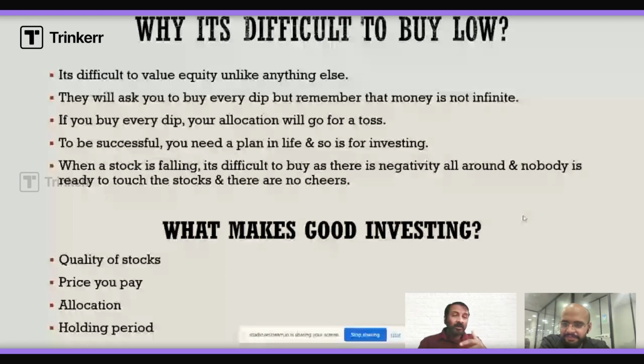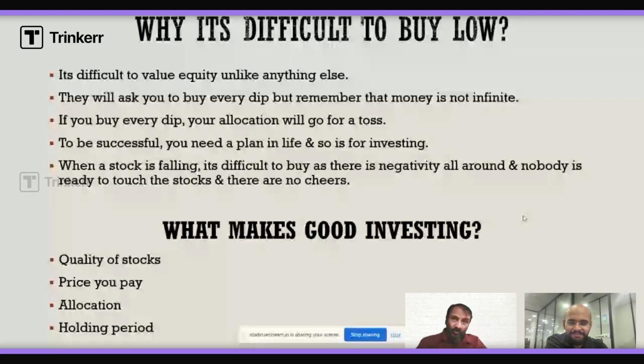Now, another big problem why people are not able to buy the lows is because when you buy low, the stock is falling, and fear is always a very strong emotion in people. There is greed and fear, but fear is stronger than greed. So when a stock is falling, there's no discussion about the stock on Twitter or other spaces.